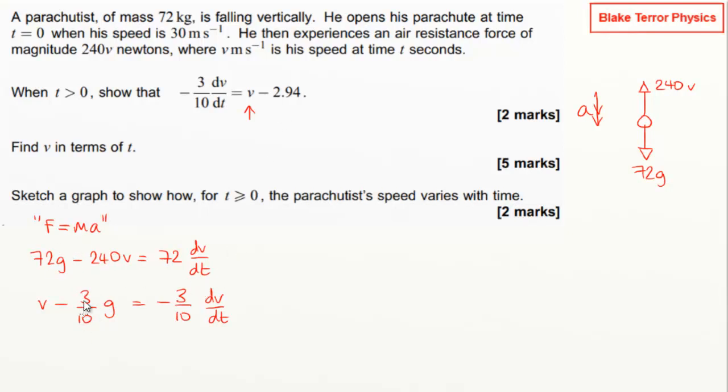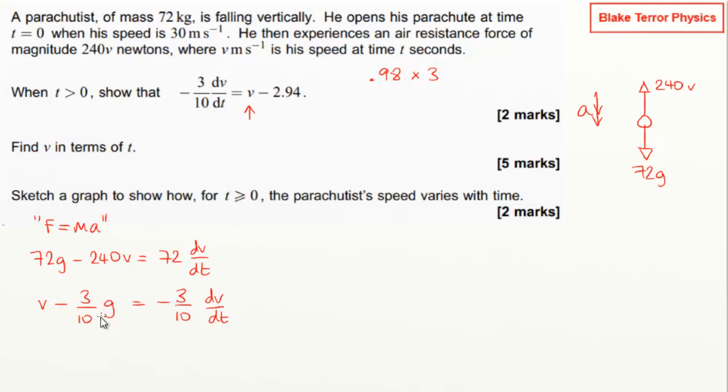So they've made it quite handy with the 72 dividing out nicely with the 240. So 3/10 of 9.81. Are they going to be using 9.81 or are they just using 9.8? Doesn't really matter, because we'd have 9.81, so divide that down, 0.98 multiplied by 3, so that would come out at 2.94.